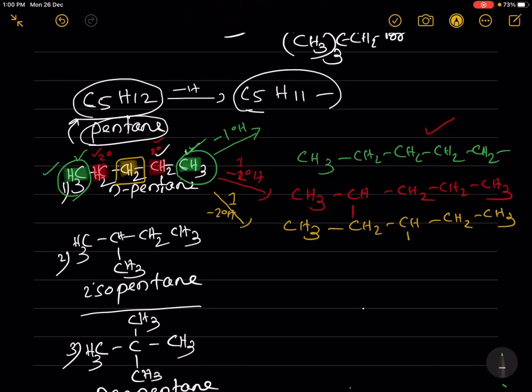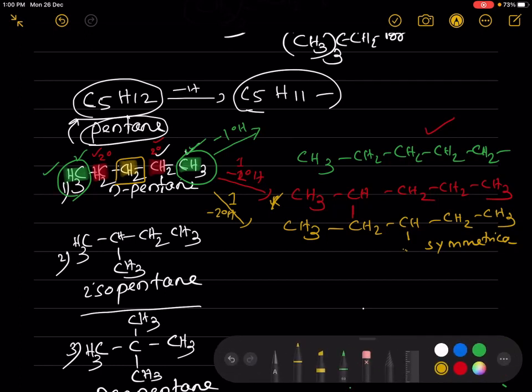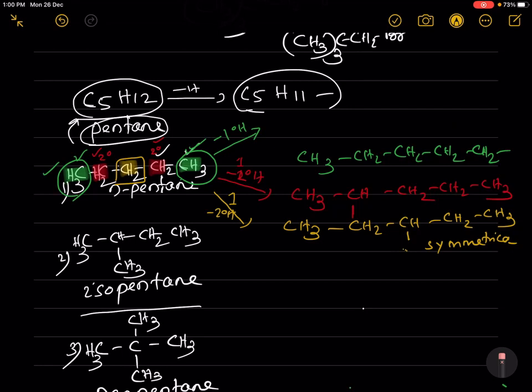This is also a secondary alkyl group, but this one is a symmetrical group. This one is not a symmetrical one. So anyway, N-pentane has 3 alkyl groups.